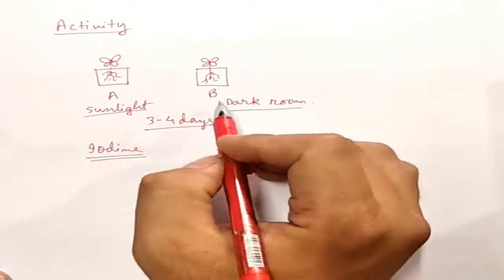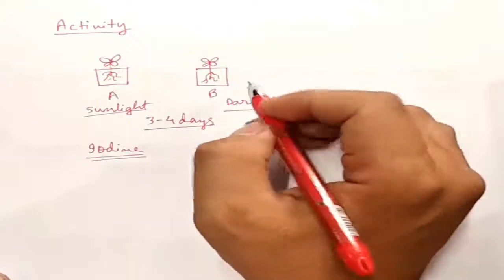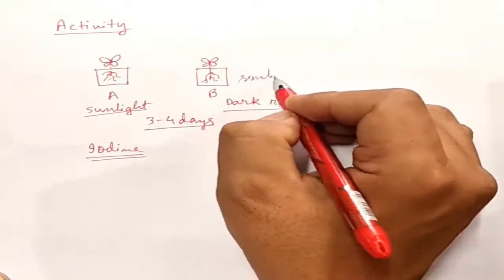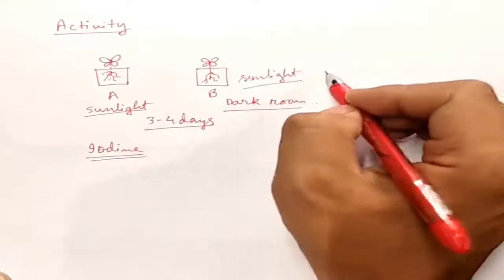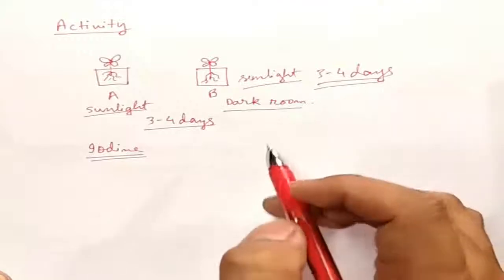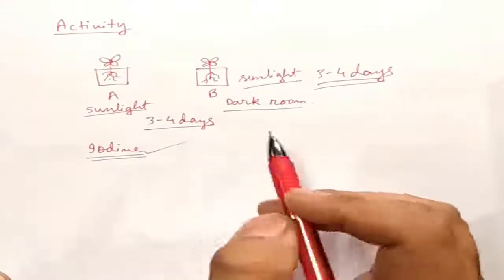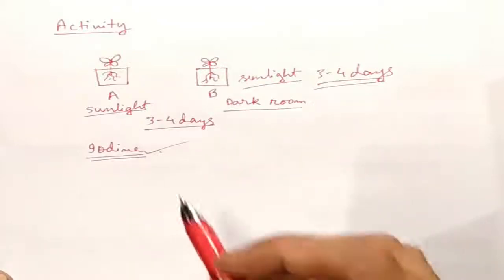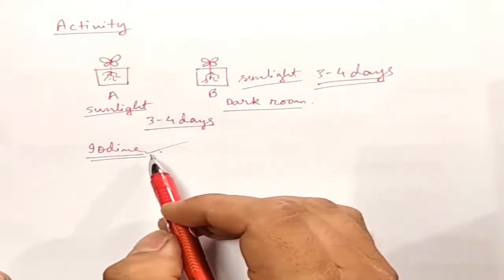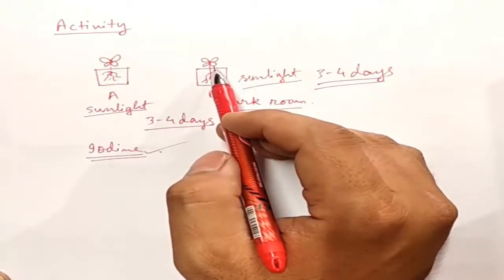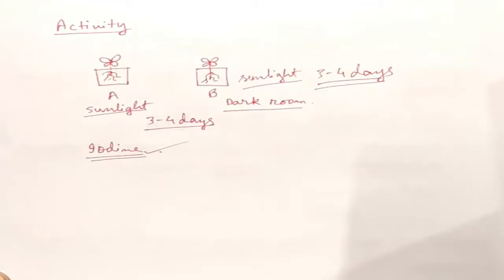And then this potted plant B, if we keep it in the sunlight for 3 to 4 days again, and after that we perform the iodine test, then we will find that the color of the iodine will change to blue-black, which indicates the presence of starch because it performs photosynthesis.